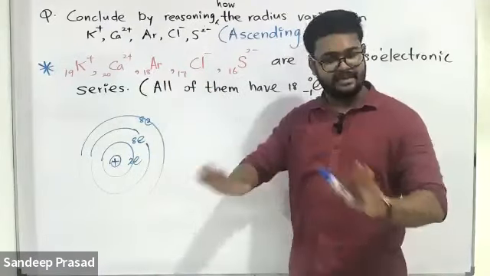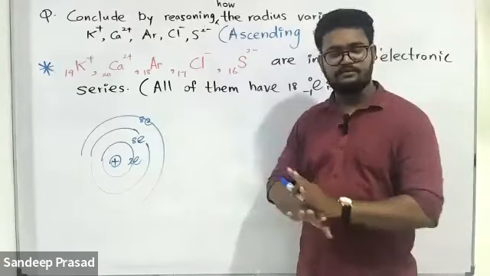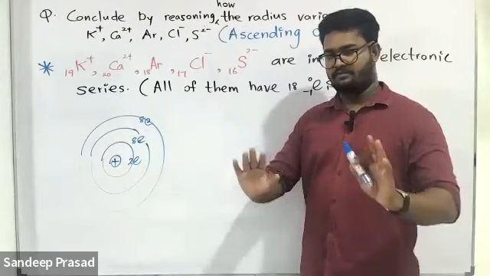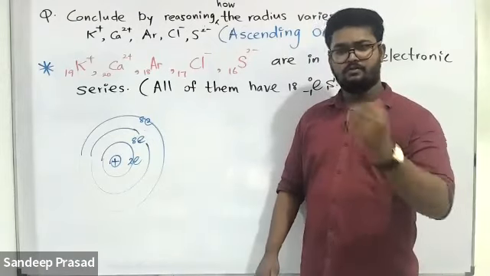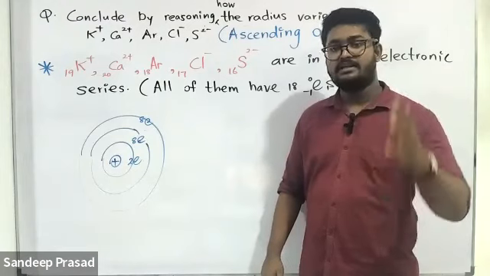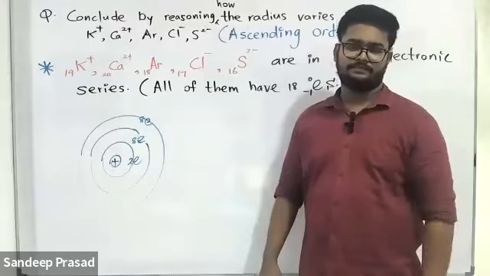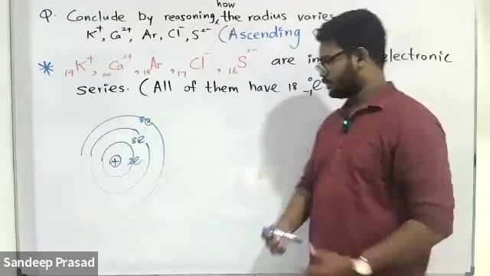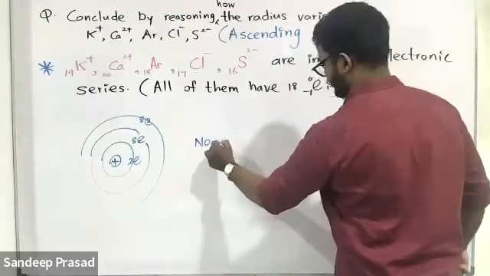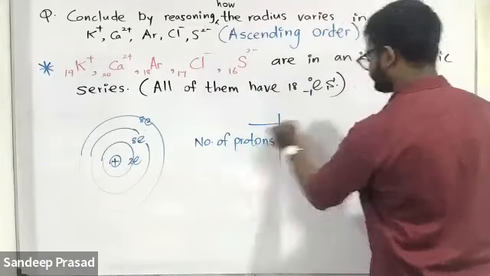In potassium plus 10 electrons, calcium 2 plus 10, argon 10, chloride 10, sulfide 10. Because the number of electrons are similar, shielding effect won't dominate here. Then who will dominate here? Nuclear charge. Nuclear charge is the dominant factor here, the affecting factor. So you can just count the number of protons in everyone, right?